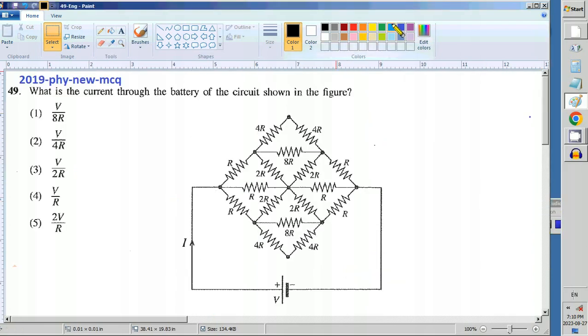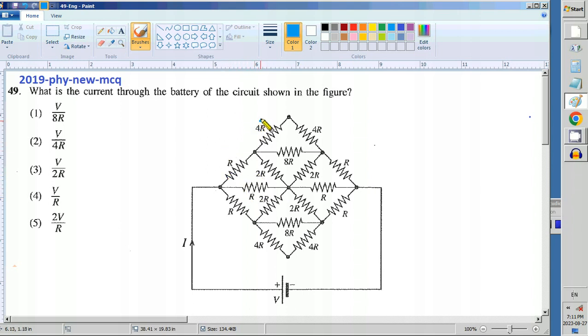So now we have to examine the given circuit thoroughly and find out if there are any series resistors or any parallel resistors connected in this complicated network.